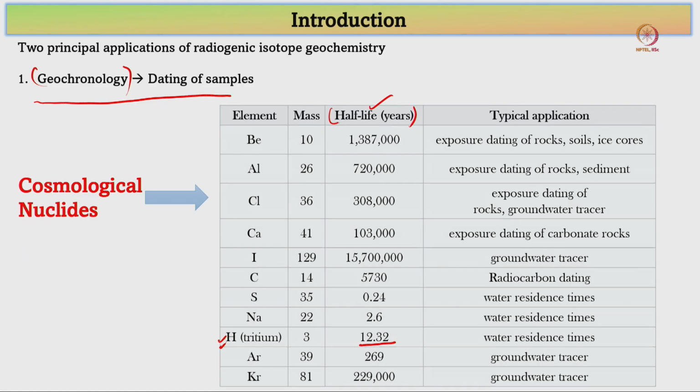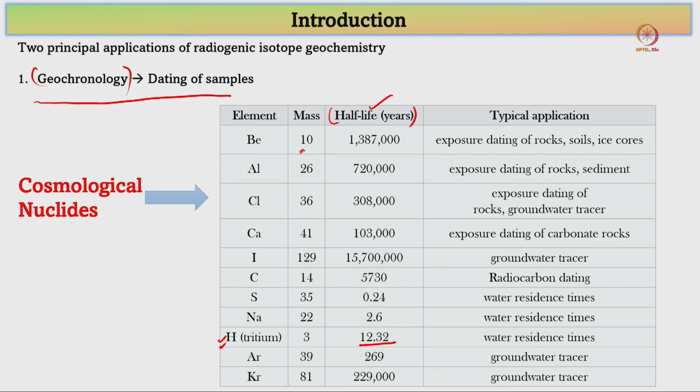There what we are going to use is 10 beryllium. That kind of dating gives us when that particular ice core was formed, if we are trying to date an ice core, we are going to go for 10 beryllium. Okay.